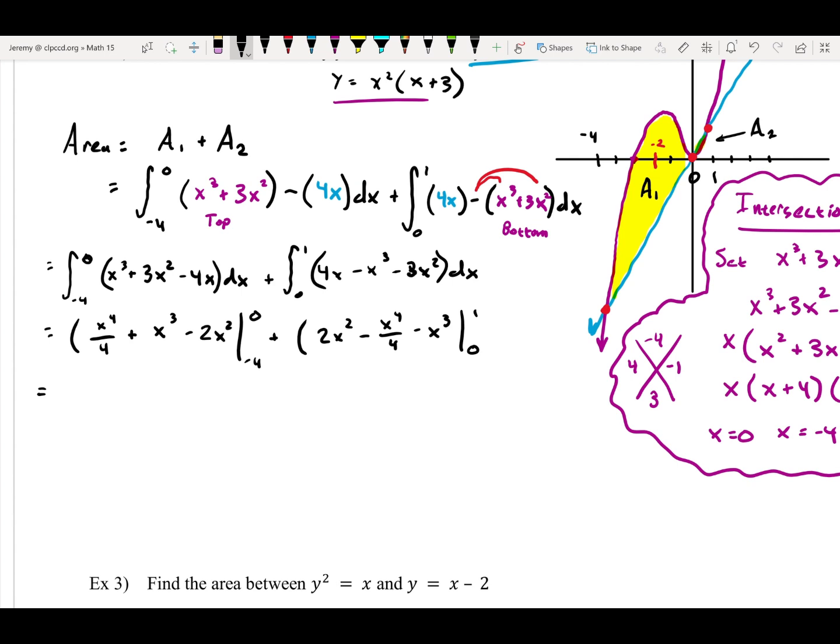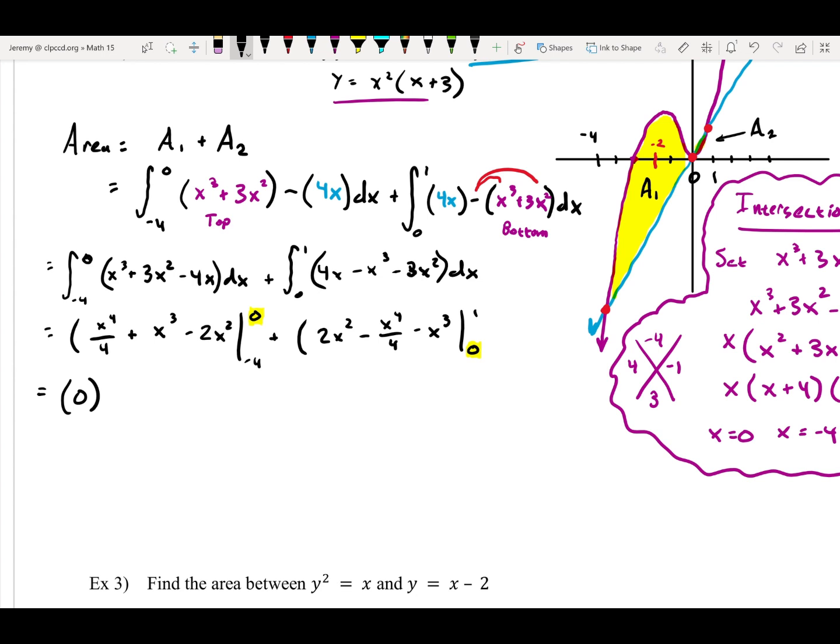Okay, so note that we have 0 as our upper limit of integration for this first integral and 0 as our lower limit for this one, which is really nice oftentimes. And in this case, if you evaluate each of these expressions at 0, the whole thing goes to 0. So we get some nice stuff here.